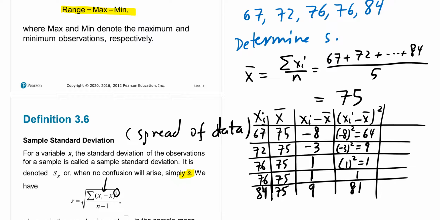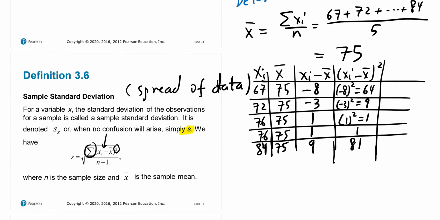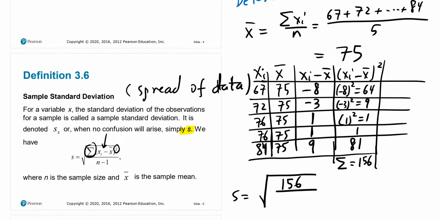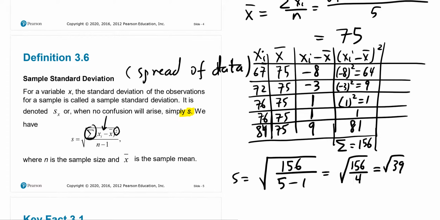Then they said sum them up. Add the 64, 9, 1, 1, and 81, and we get 156. So s is given by the square root of this sum, 156, over n minus 1. n is 5 observations, 5 minus 1, so that would be 156 over 4, which divides evenly to 39.